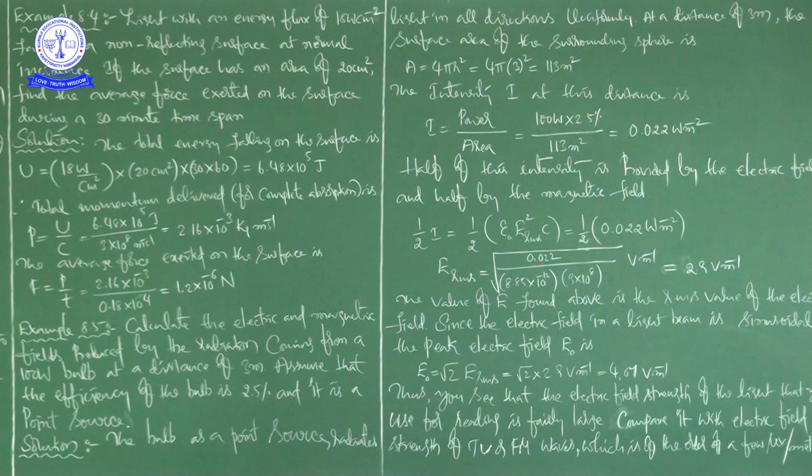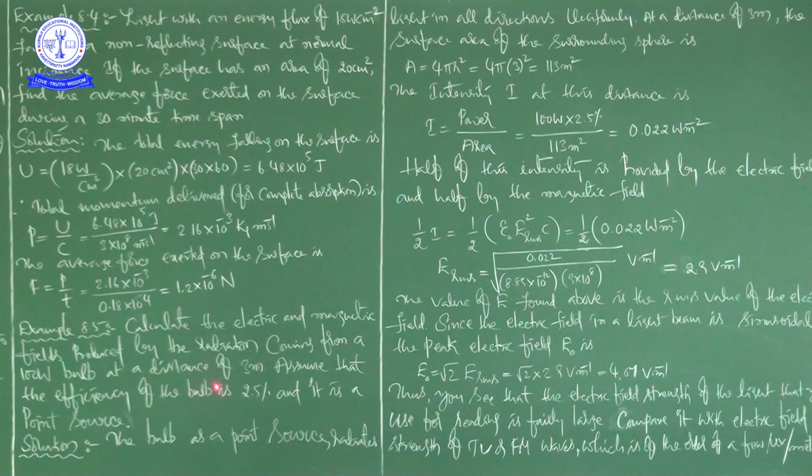Next, example 8.5. See here. Calculate the electric and magnetic fields produced by the radiation coming from a 100-watt bulb at a distance of 3 meters.